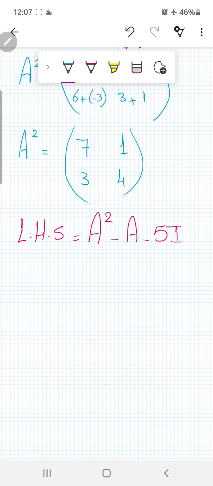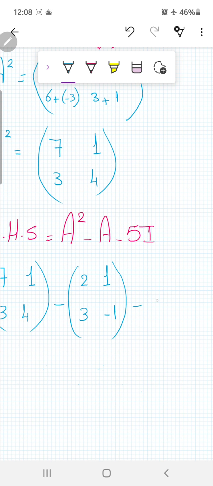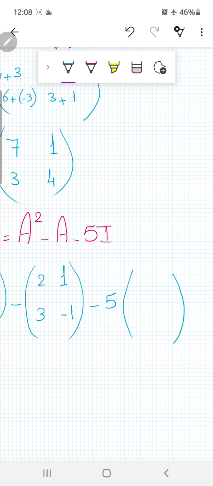Okay, substitution. A power 2, as we said, is 7, 1, 3, 4, minus A, which is 2, 1, 3, negative 1, minus 5I, 5 multiplied by I. As we said here, I is the unit matrix.